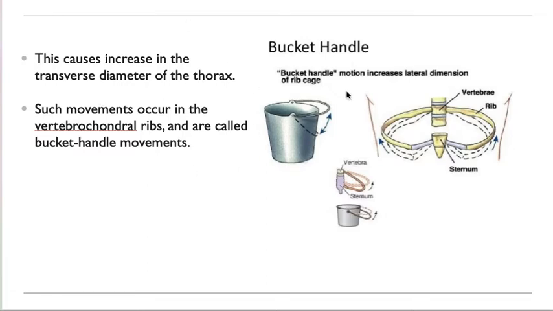When the ribs move outwards like a bucket handle, it causes an increase in the transverse diameter of the thorax. These movements occur at the vertebrochondral ribs, and therefore are called the bucket handle movement.